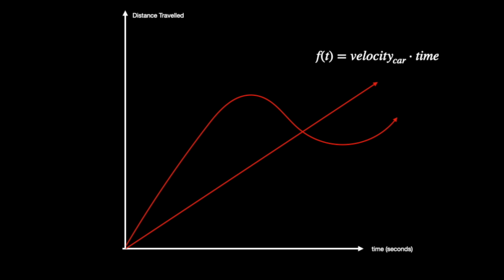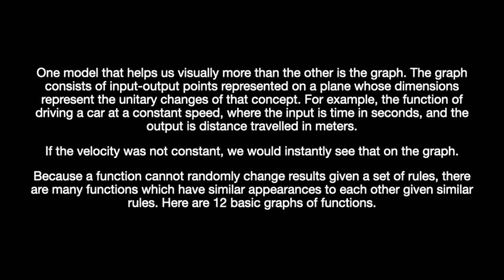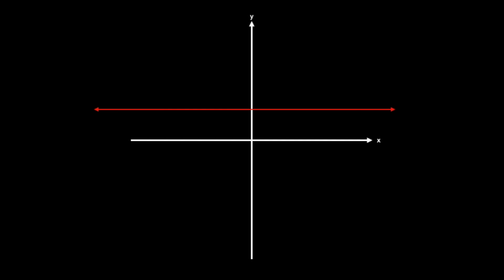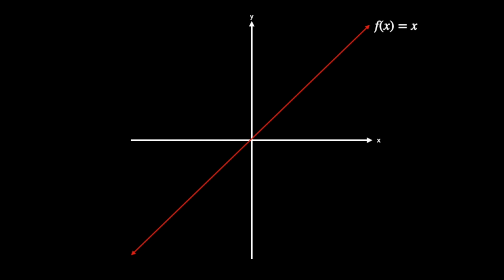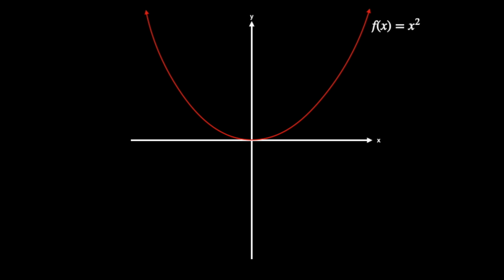Because a function cannot randomly change results given a set of rules, there are many functions which have similar appearances to each other because they have similar rules. Here are the 12 basic graphs of functions. F of x equals a constant. F of x equals x. F of x equals x squared.